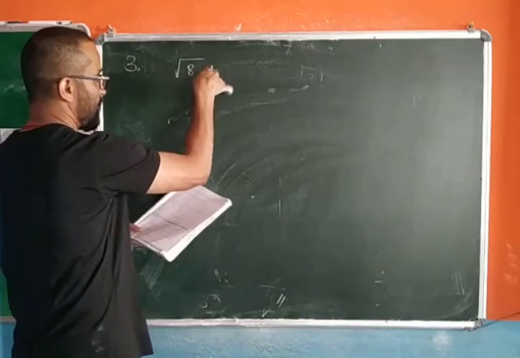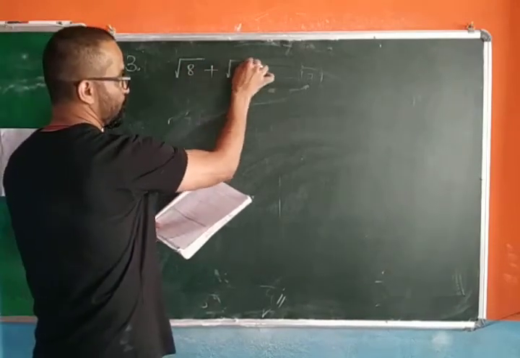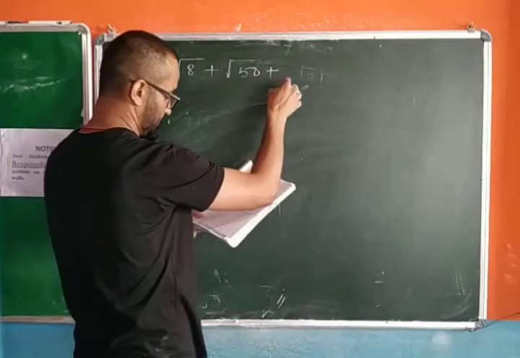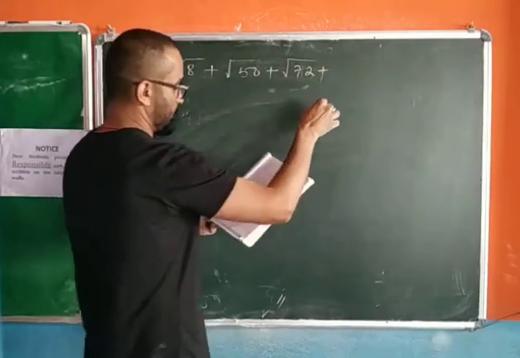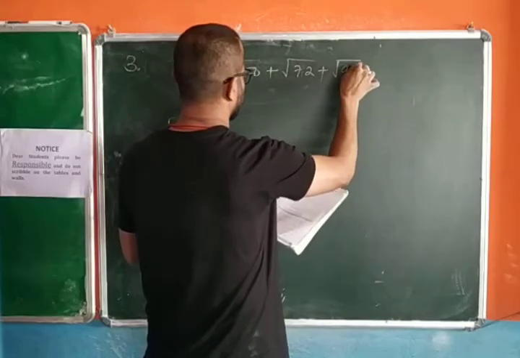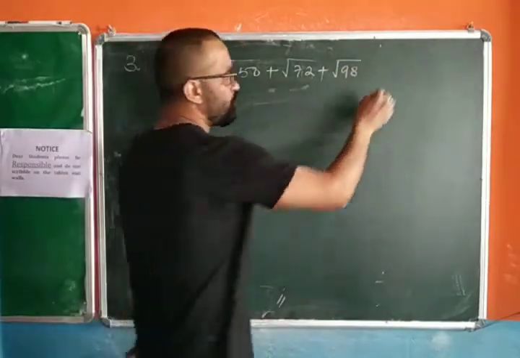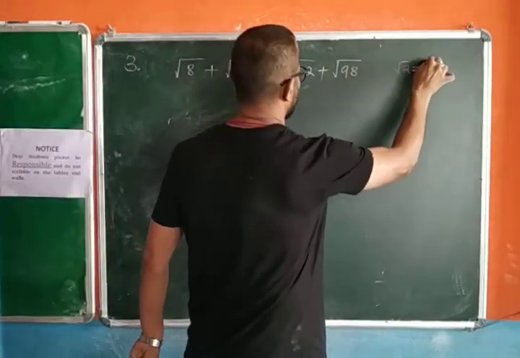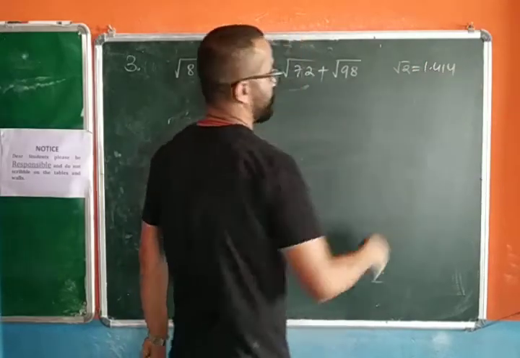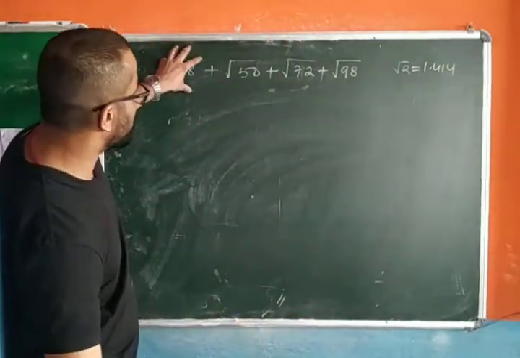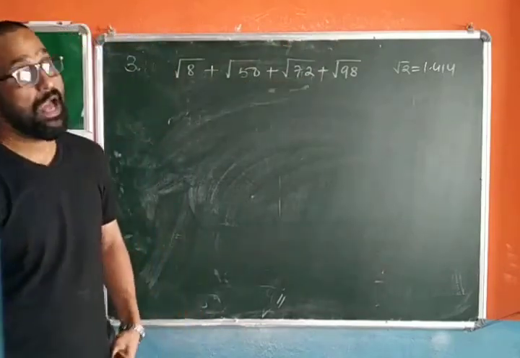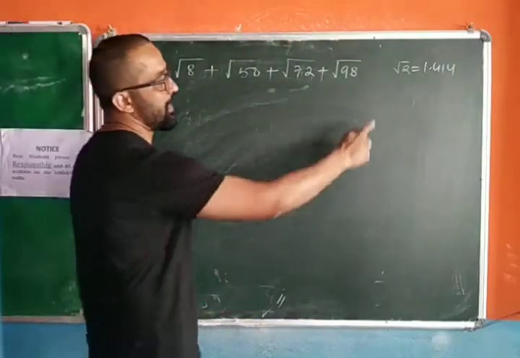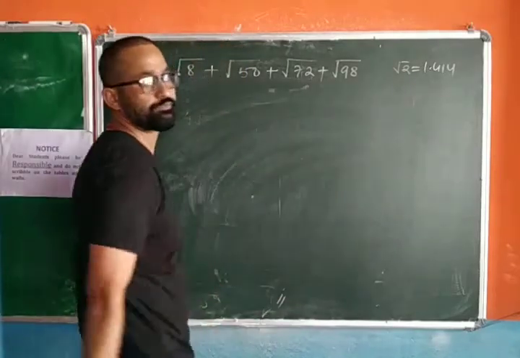Root 8 plus root 50 plus root 72 plus root 98. The value of root 2 is given, which equals 1.414. This means these given irrational numbers have to be simplified such that you get root 2.